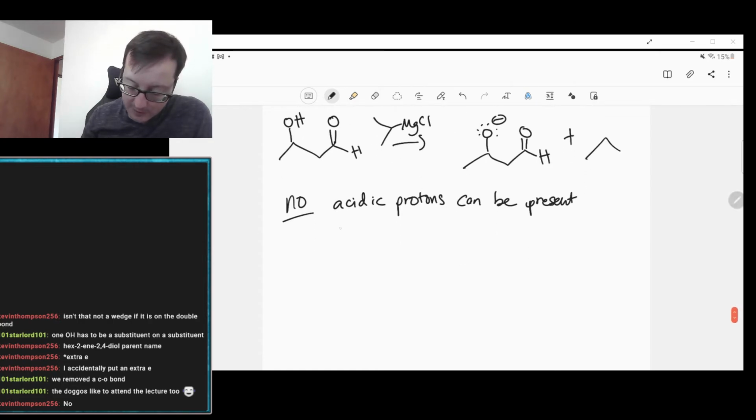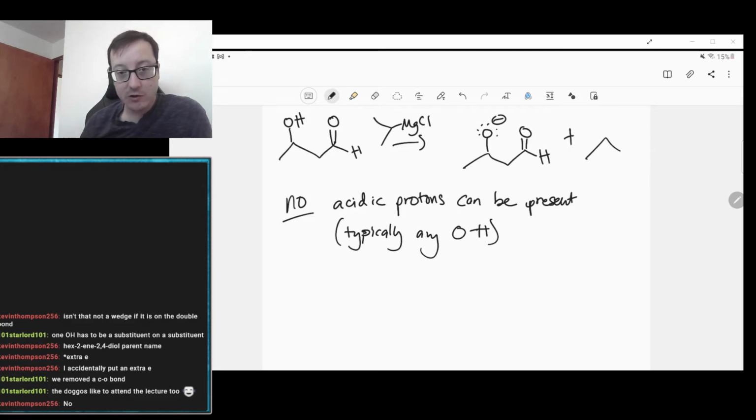Typically for this, we're looking at any OH. Those are going to be acidic. Can't have anything acidic with these, at least so far. So no OHs can be around. And so if you do want to get this reaction to happen, we have ways of protecting your alcohol.